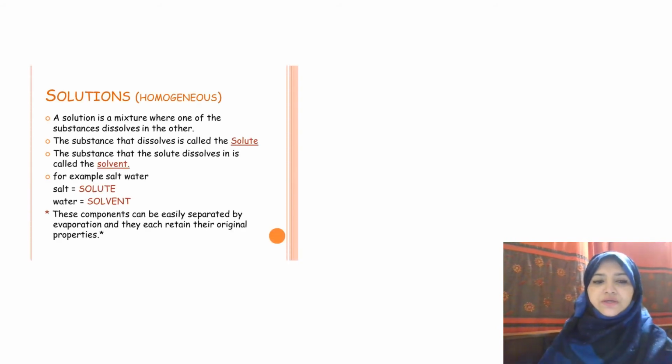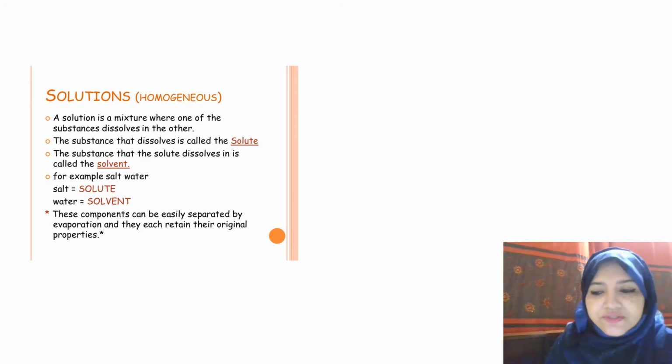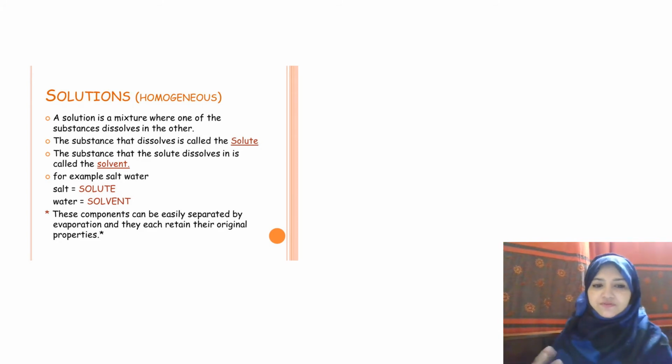And now we know about homogeneous mixture, that means solution. And what is a solution? A solution is a mixture where one substance dissolves in the other substance.